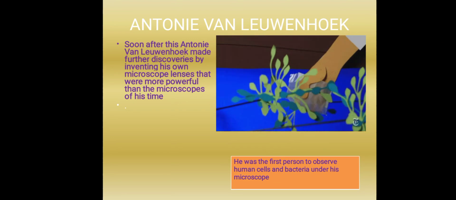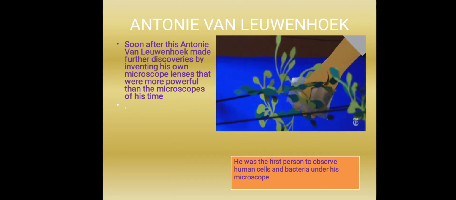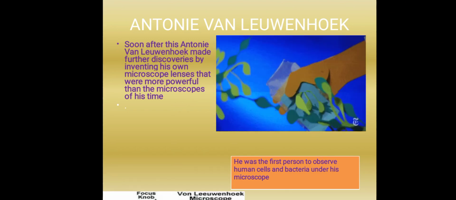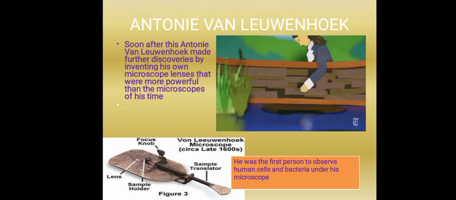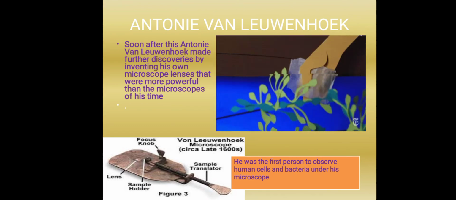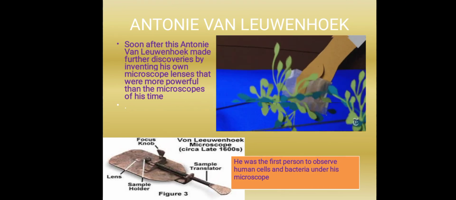He was the first person to observe human cells and bacteria under his microscope. So this was the microscope Anthony van Leeuwenhoek used to observe the living cells.